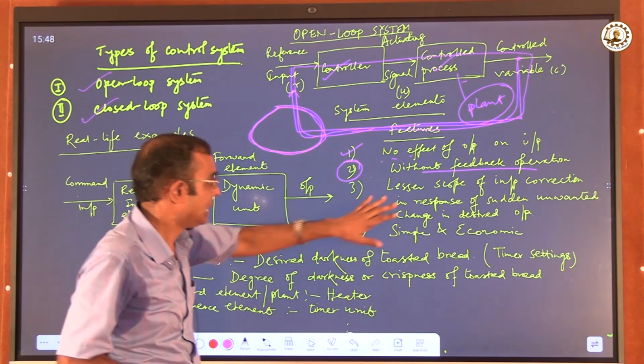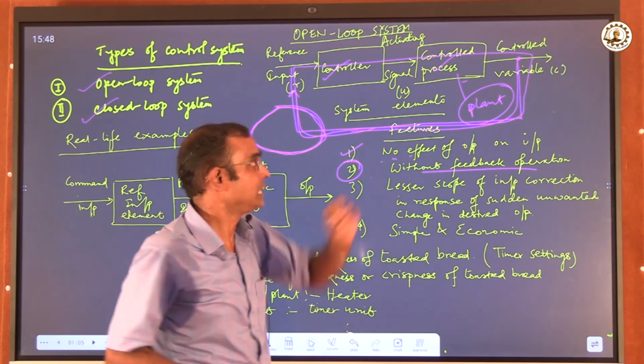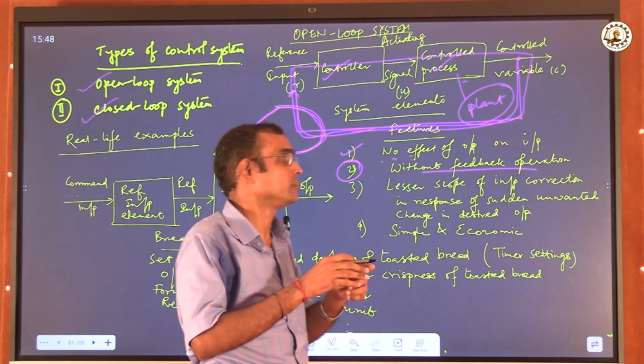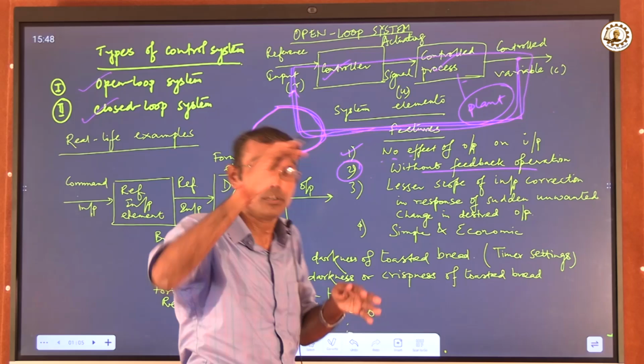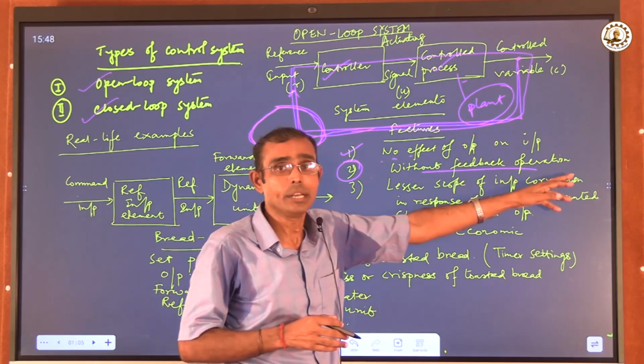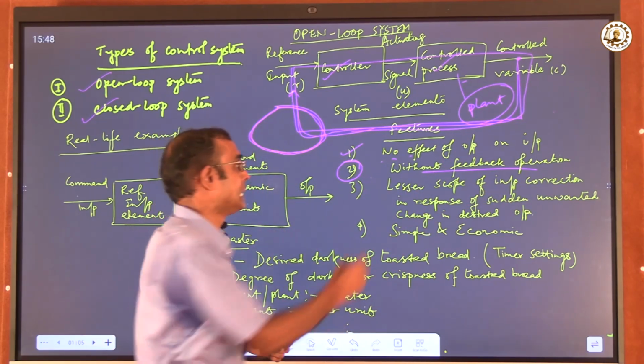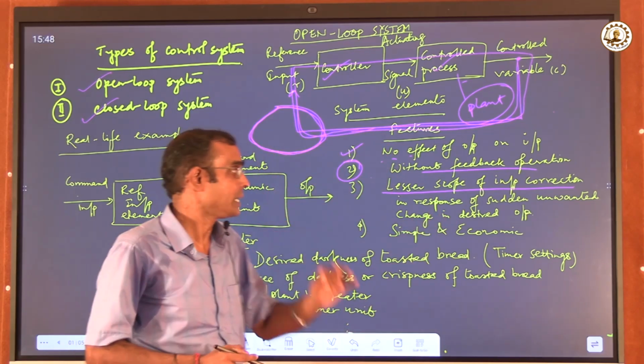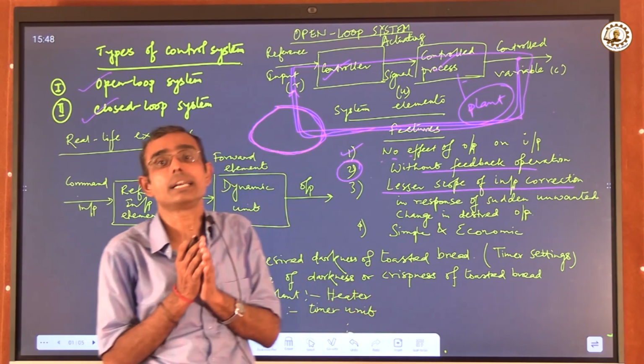Number three is, since it is working in such a fashion, there is no direct influence of output on input. That's why we can say there is lesser scope of input correction in response to a sudden unwanted change in the desired output.